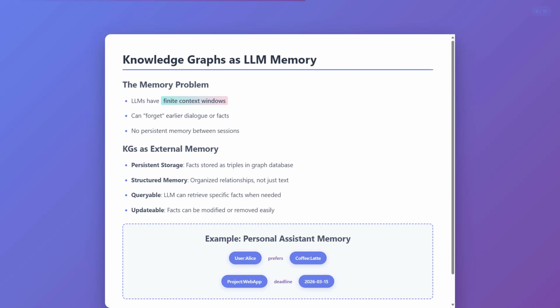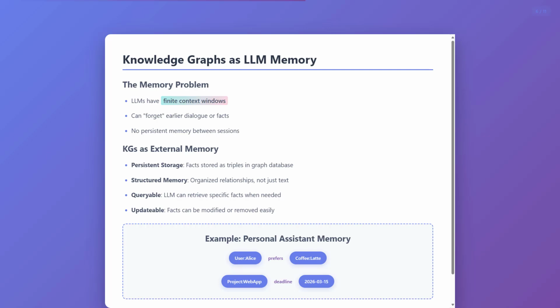Looking at our example, imagine a personal assistant that remembered Alice prefers lattes and has a web app project due March 15th. This information persists between sessions and can be updated or corrected easily.